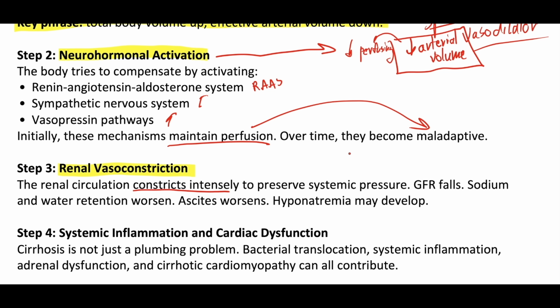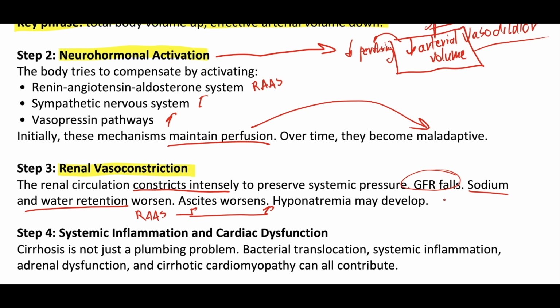So you vasoconstrict, and that includes the blood vessels to the kidneys. But as they vasoconstrict, you get less perfusion to the kidneys, and that GFR, that filtration rate of the kidney, starts to fall. This then leads to worsening sodium and water retention through that RAS system, and that sodium and water retention worsens ascites, and it can worsen hyponatremia.